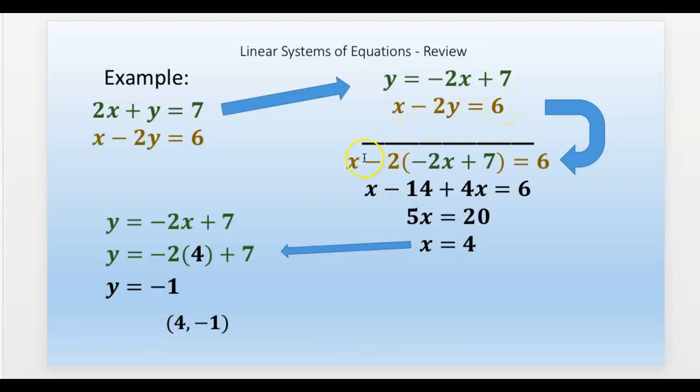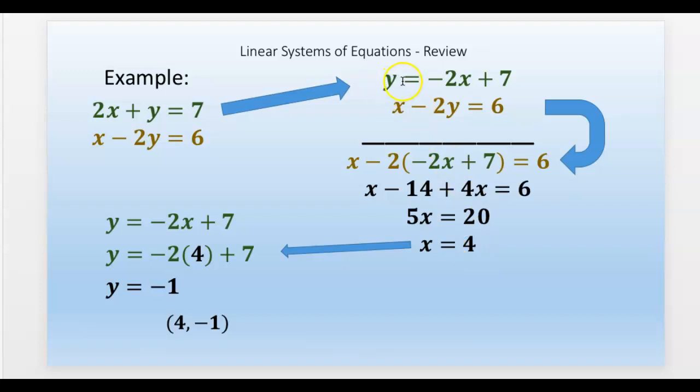Now I can rewrite this brown equation right here: x minus 2y. I substitute the value in for y that we have in the green equation up on top. Again, it equals 6. I can distribute the negative 2 over both terms, combine like terms, divide both sides by 5, and I got x equals 4.